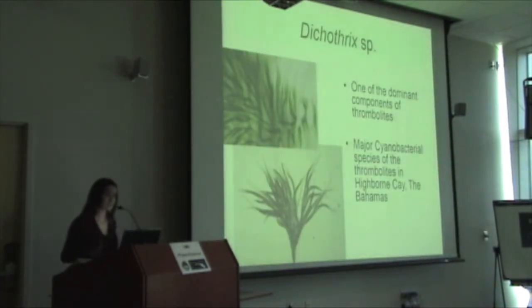So, Dichothrix. This is the main species that we're looking at in this project, and it's a dominant component of thrombolites. We believe it is a major cyanobacterium in the thrombolites at Highborne Cay.